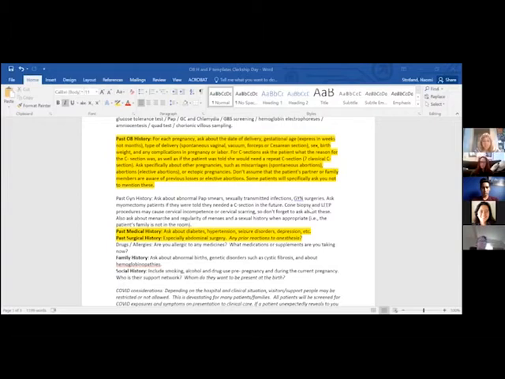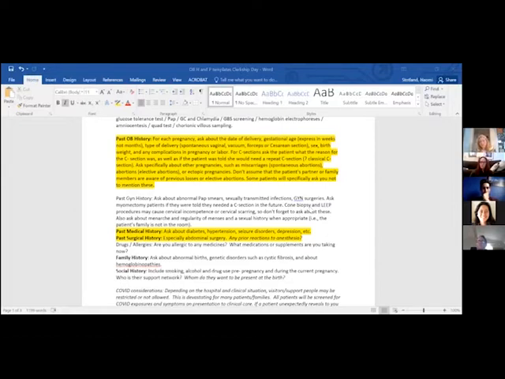What we're really thinking about there is if somebody's had what's called a classical C-section, where the incision was made up into the contracting, active muscular part of the uterus, because those patients are at a much higher risk of a uterine rupture if they labor after a classical C-section.